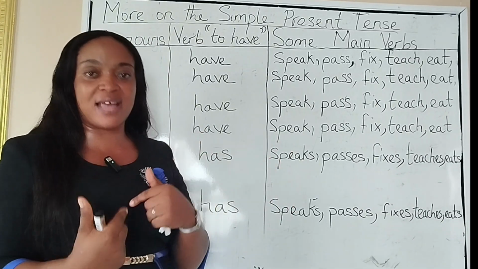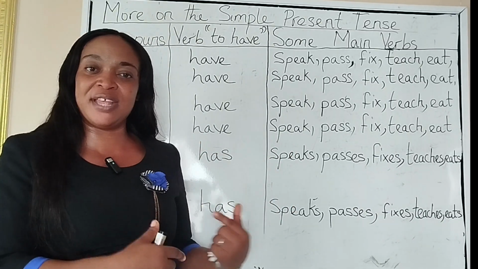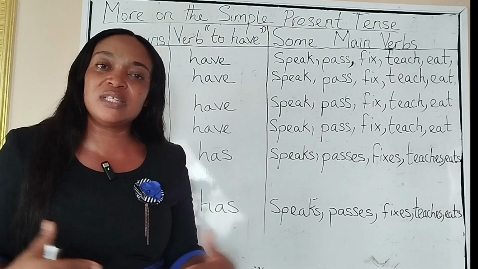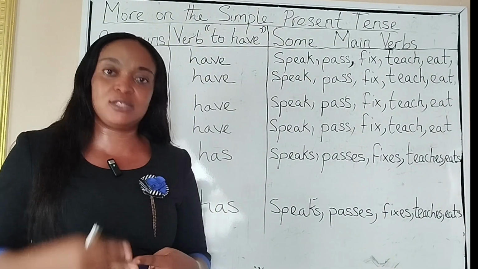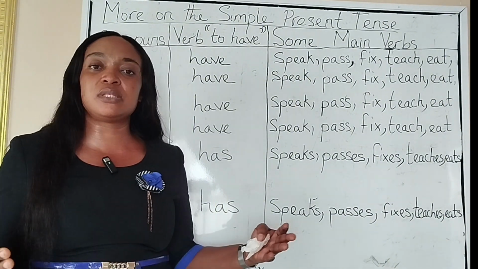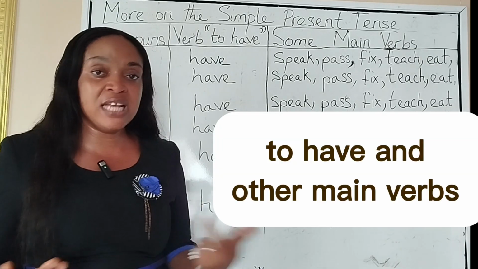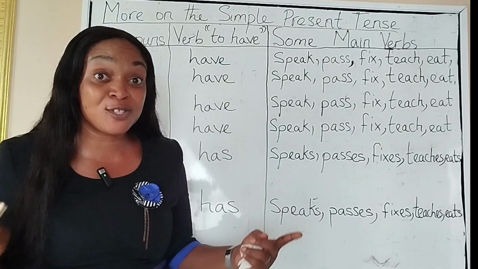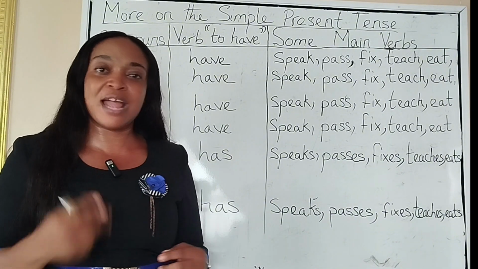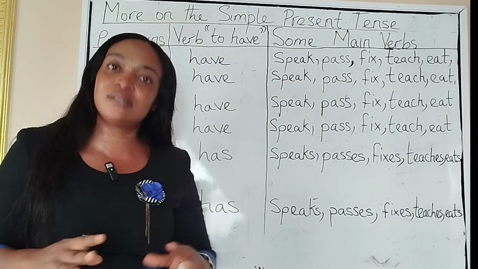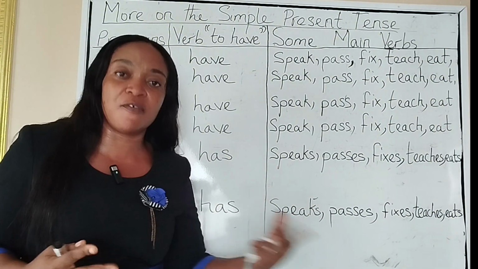So, similar to that, I want to do something still related to the simple present tense. In today's video, we are going to see how to use the verb to have and other main verbs. There are millions of verbs, remember, but I promise to do justice to many of them using some of the verbs.